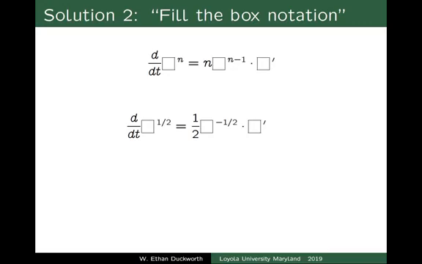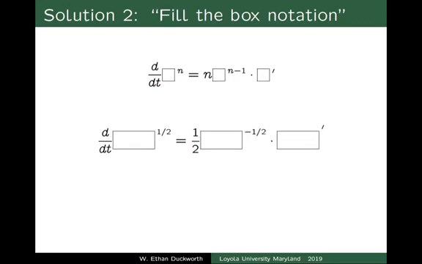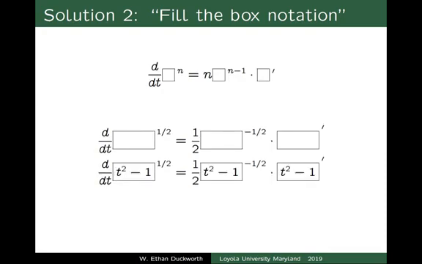And we're going to fill that with a longer formula. So let me start by rewriting it where the box is bigger. So now I have room to write something inside that. I'm going to write inside of each box t squared minus 1.